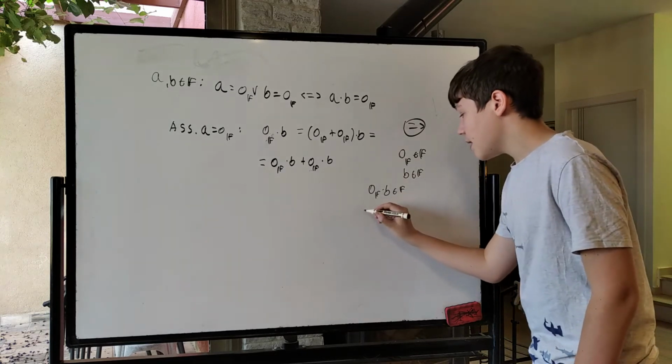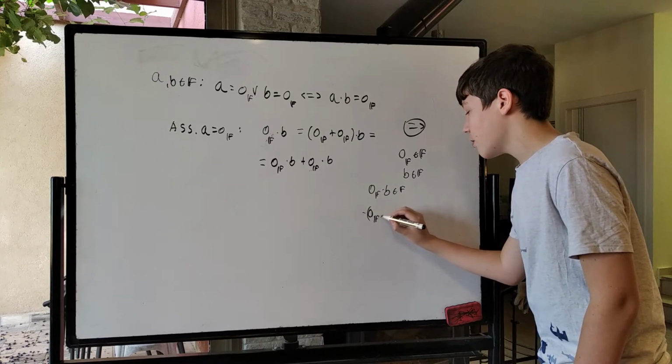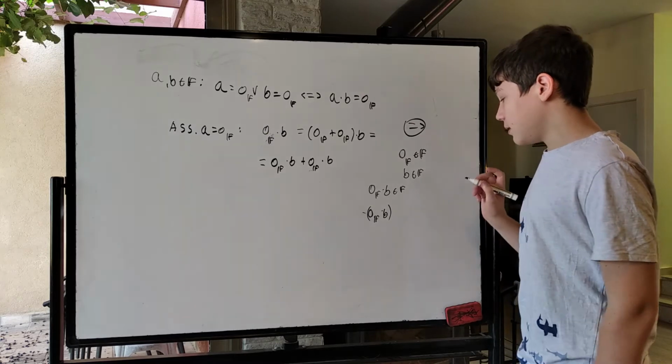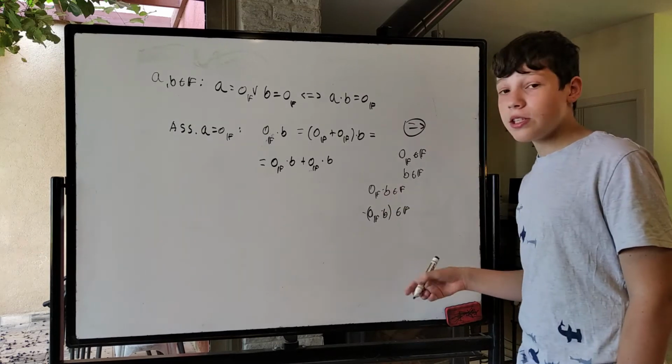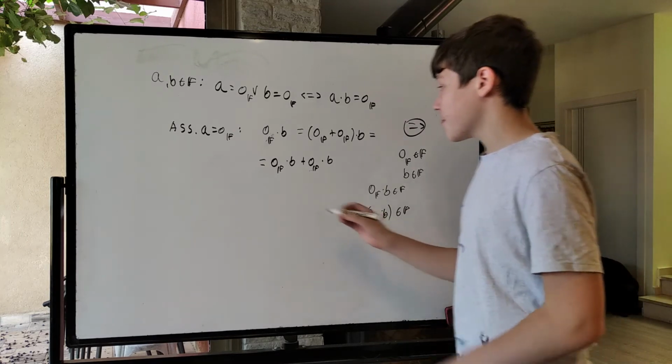That means that negative of 0 times b does exist in F, such that the sum of these two is 0. So all we need to do is add that to both sides.